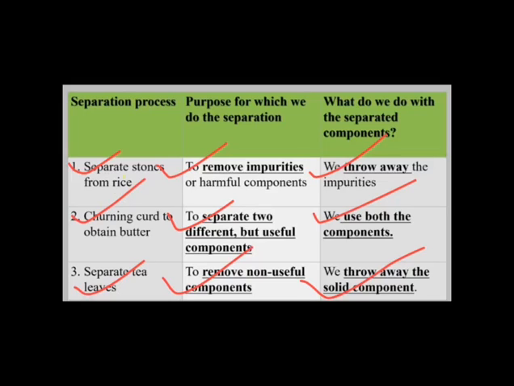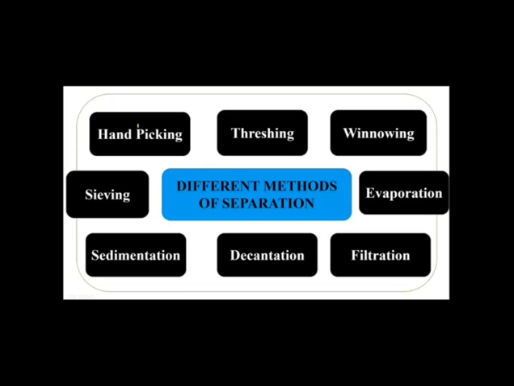So now we know that there are different methods of separation, and we will quickly take a look at them and then discuss them one by one. There are different methods of separation like hand picking, threshing, winnowing, sieving, evaporation, sedimentation, decantation and filtration.